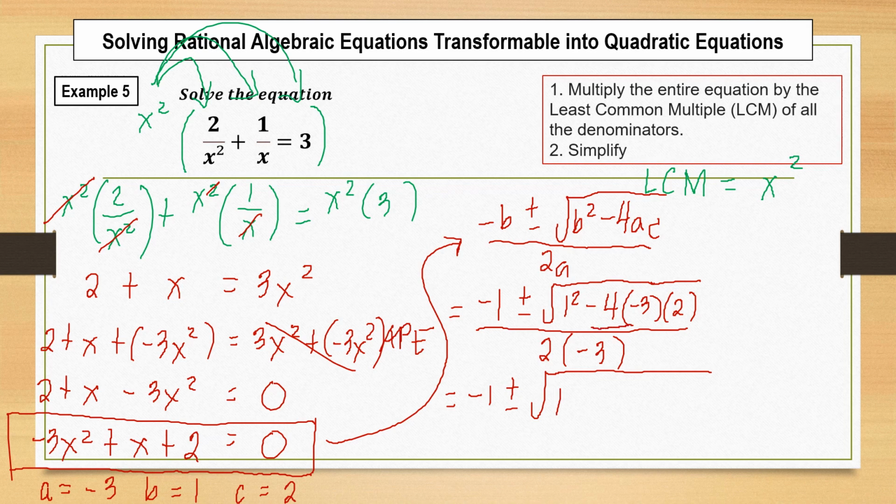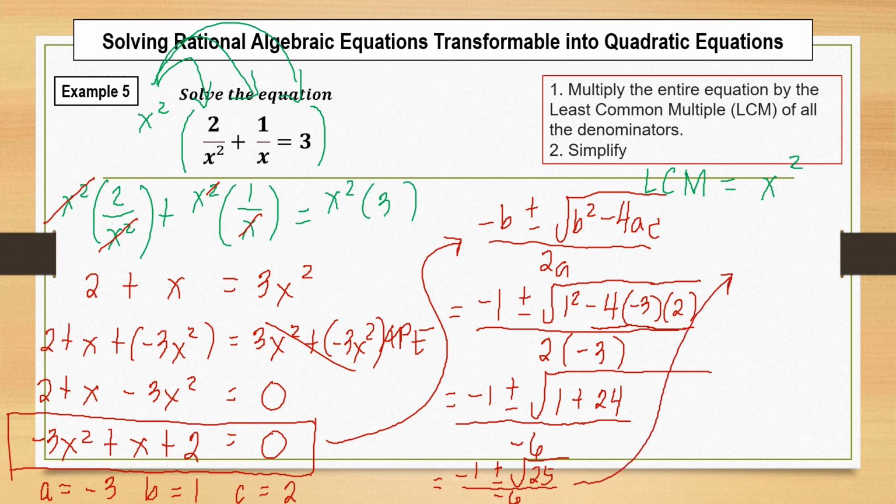Negative 4 times negative 3 is positive 12, times 2 is positive 24. All over 2 times negative 3 is negative 6. We now have negative 1 plus minus the square root of 1 plus 24 is 25 all over negative 6.